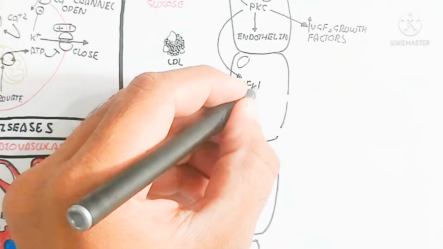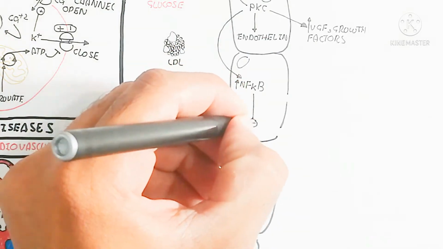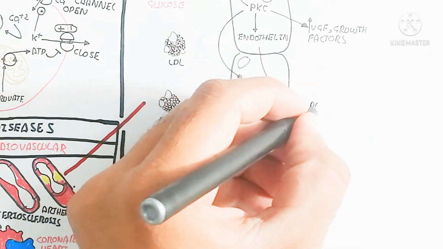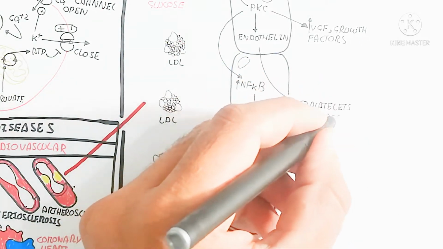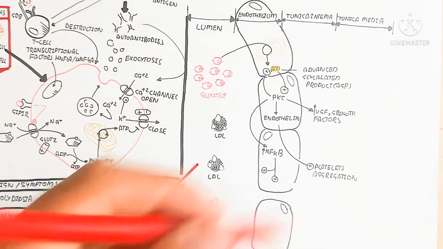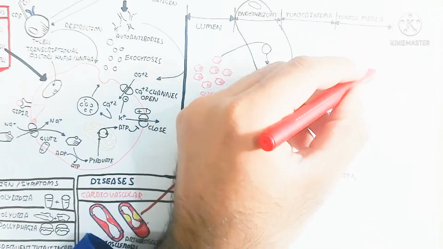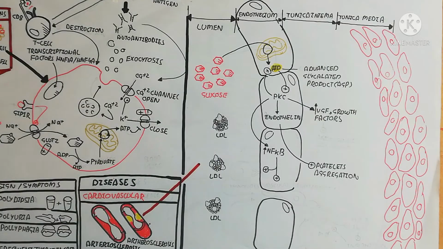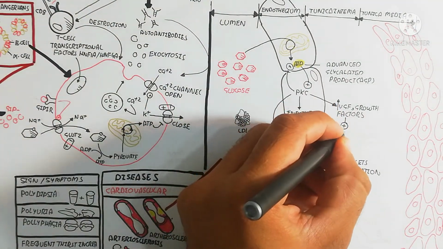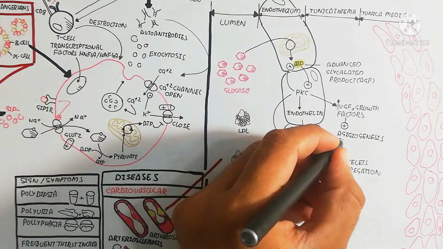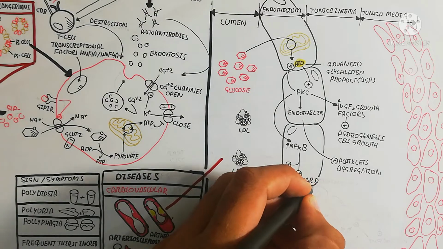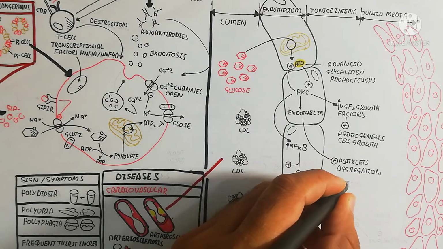The protein kinase C will also lead to increased endothelin activation, and on the other hand also activates nuclear factor kappa B, and this will lead to increased monocyte permeability, vascular permeability, as well as platelet aggregation. So the platelets will aggregate, and that means clotting will occur.